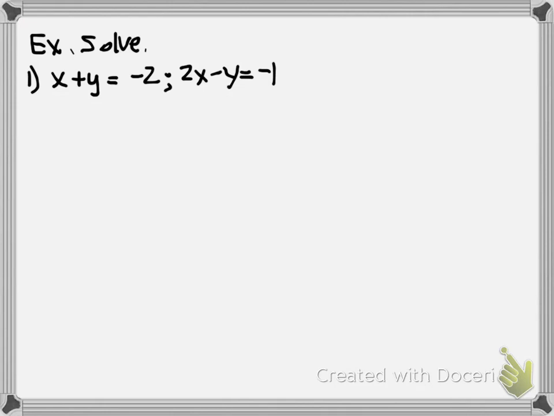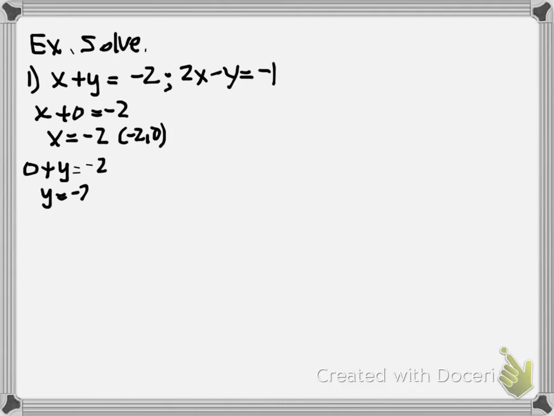To find the x-intercept on the first one, you let the y-coordinate equal 0, and we get the x-intercept is -2. Remember, you can write it as an ordered pair. Then to find the y-intercept, I let x equal 0, and I get y equals -2, so this would be graphed at (0, -2). Over here, to get x, I let y equal 0 and solve for x.